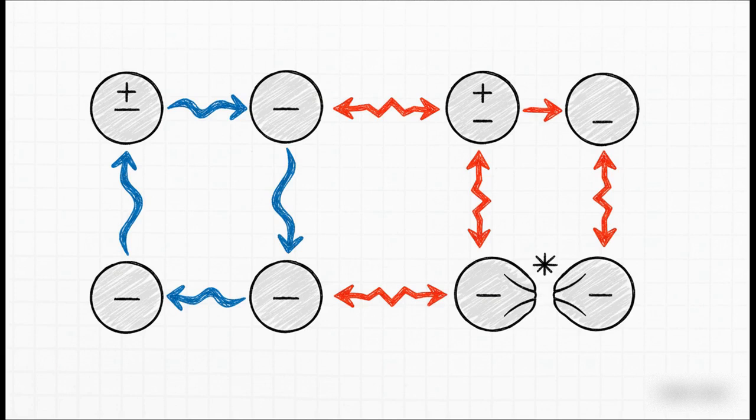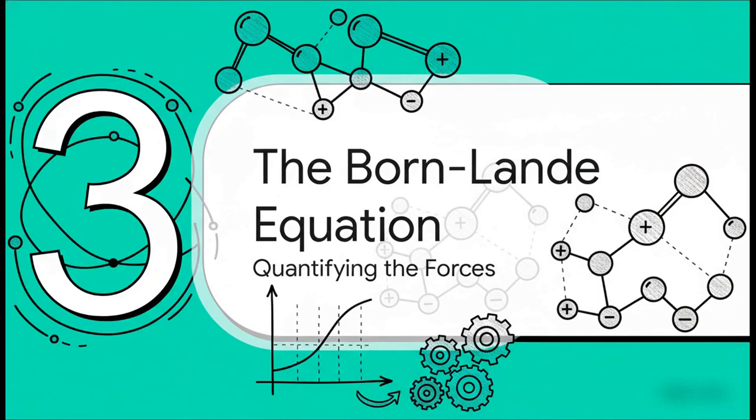Cations repelling other cations, and anions repelling other anions. And on top of that, if you try to squish the ions too close together, their electron clouds start to overlap, and that creates a really strong short-range repulsion. The final, stable crystal structure is the one geometric arrangement that perfectly maximizes all the attraction while minimizing all that repulsion.